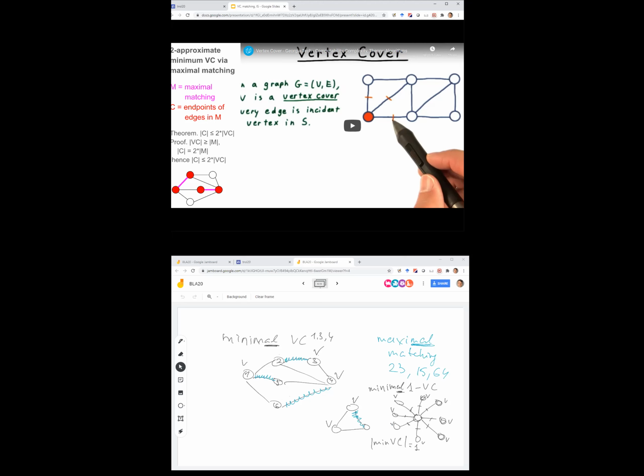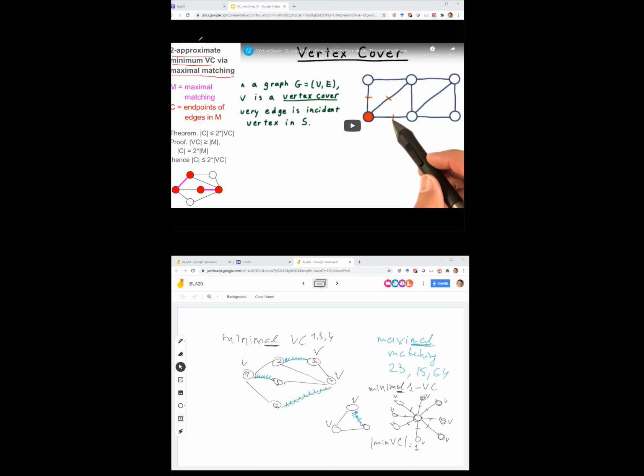But what I want to do now is go back to these slides that we have and tell you how we can find a good approximation, in fact, a true approximation to the minimum vertex cover. And interestingly, you can find a true approximate minimum vertex cover using maximal matching.